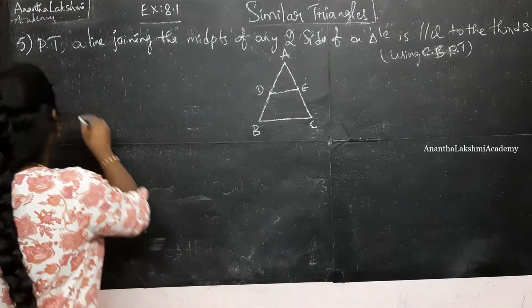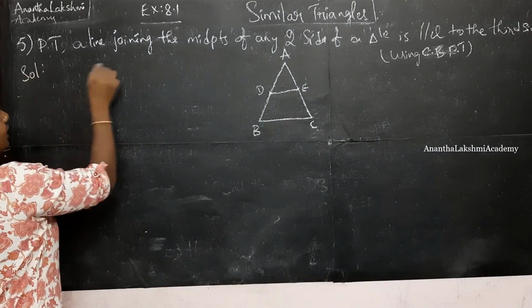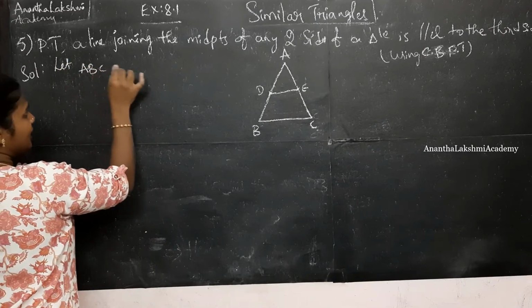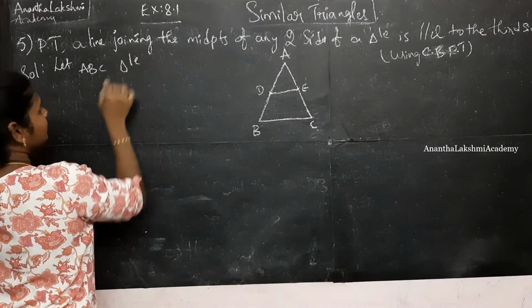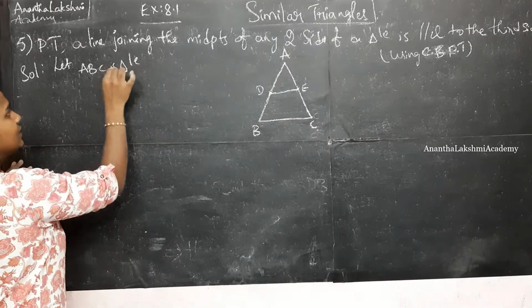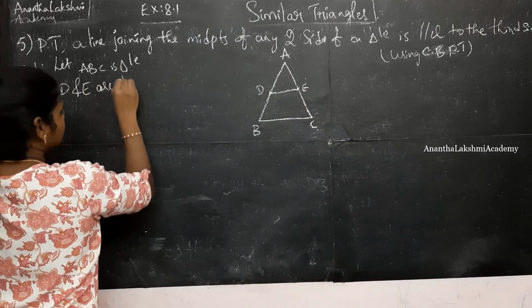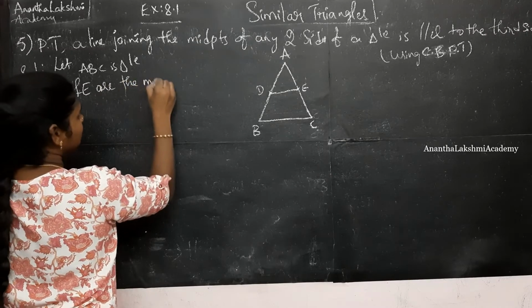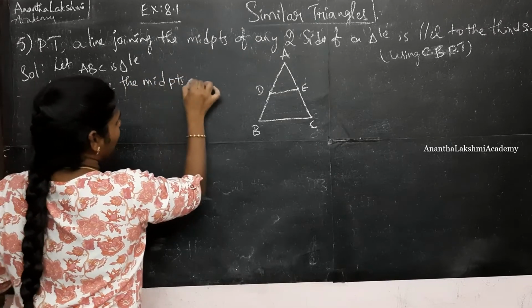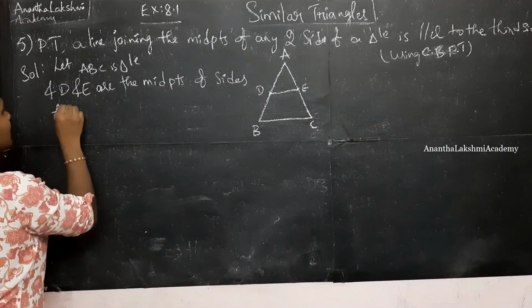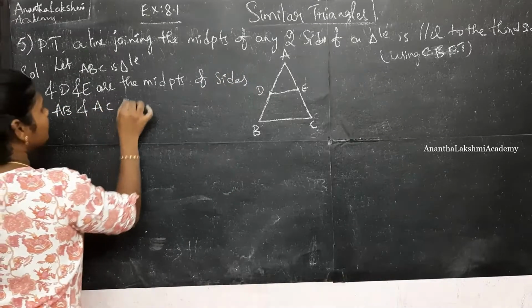Okay, so solution. Let ABC be a triangle, and D and E are the midpoints of sides AB and AC respectively.